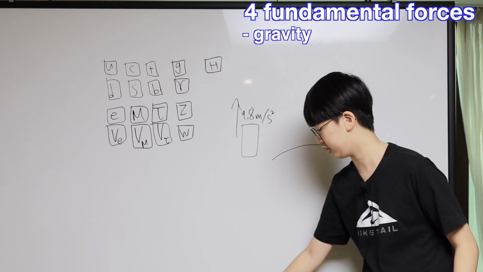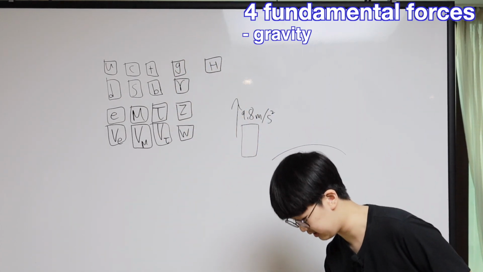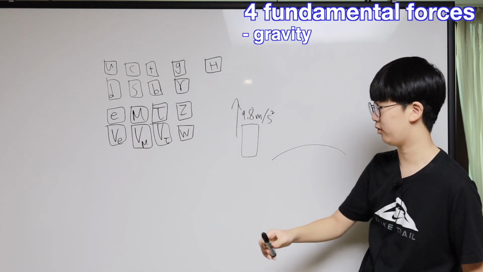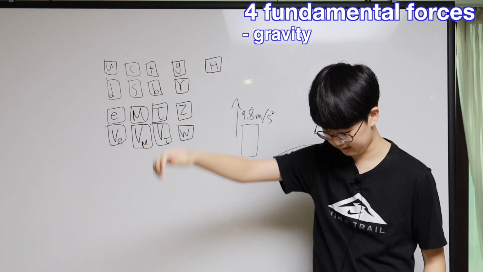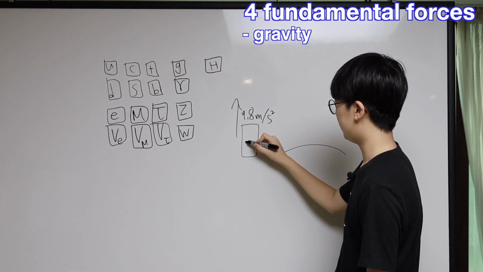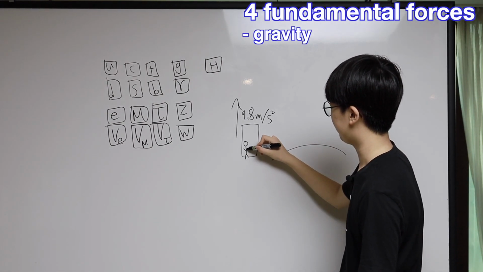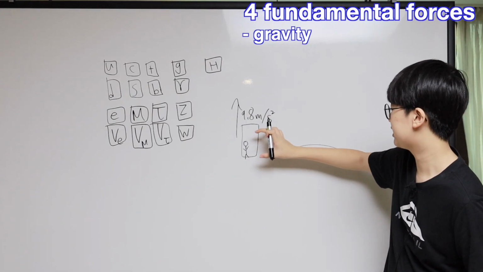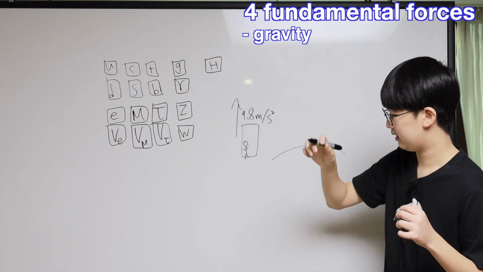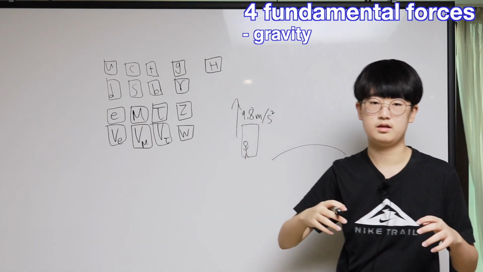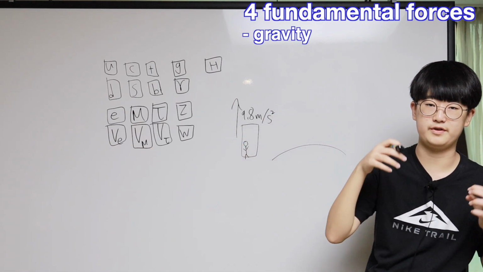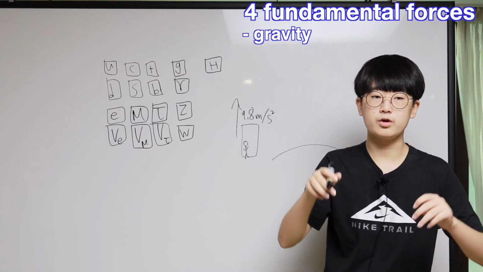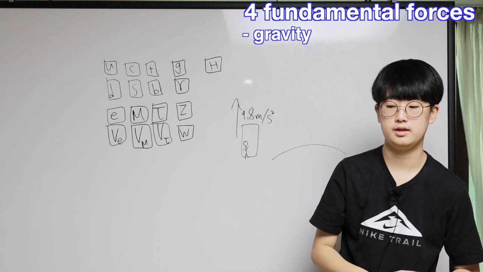So if I drop this pen, this pen is accelerating at 9.8 meters per second squared. Now let's say a person is riding in the accelerating box. Because this box is accelerating, it's getting faster and faster. So because of inertia, the person feels a force pulling him downwards.